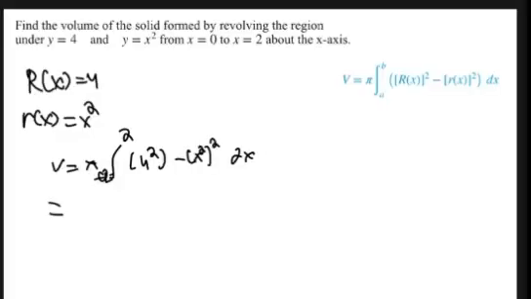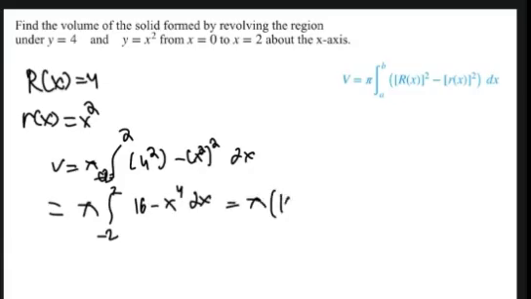Which will just get pi times the integral of 16 minus x to the power 4 dx. Now we integrate it, and we get 16x minus x to the power 5 over 5. And we're going to evaluate that from negative 2 to 2.